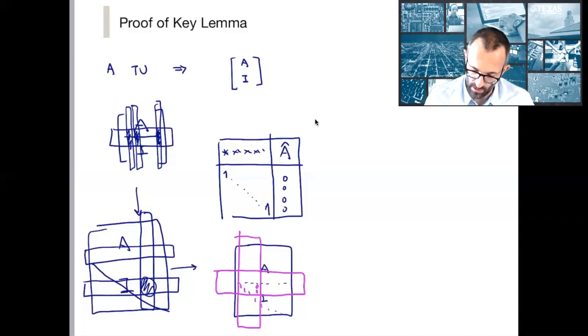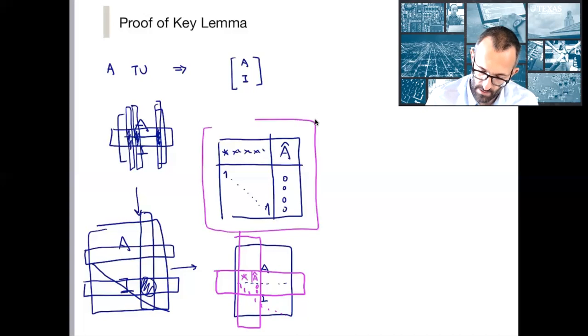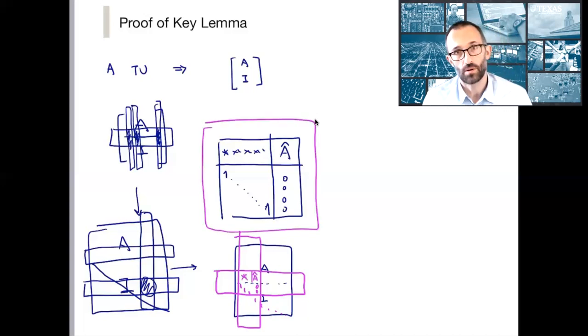Sorry, I didn't draw it too well. And then I have some portion of A hat, and then some other stuff that I don't care about. So I need to show that this thing has a determinant that's equal to +1, -1, or 0.